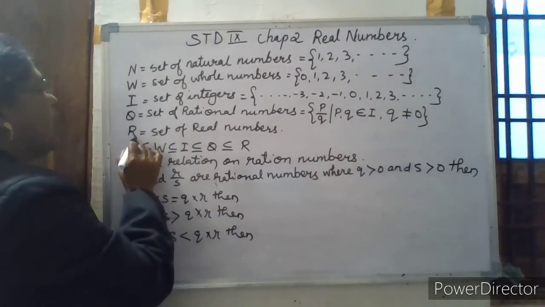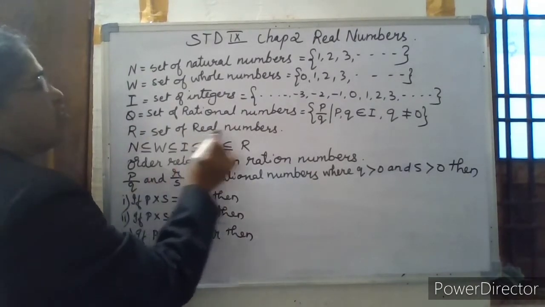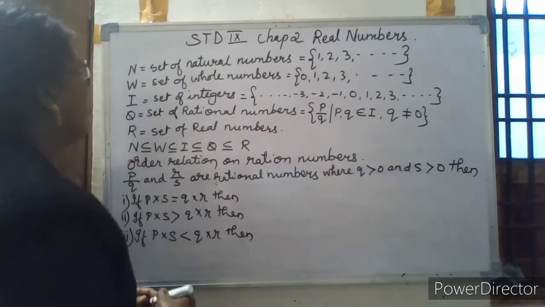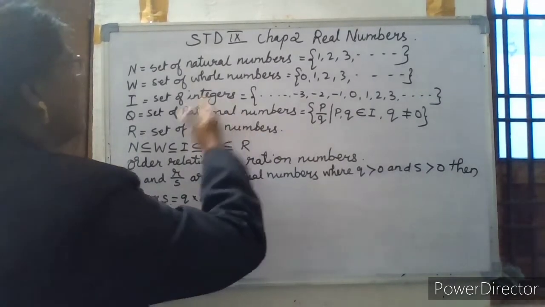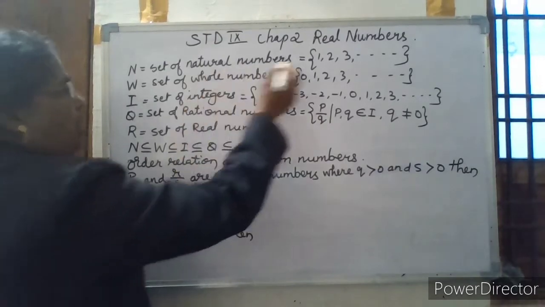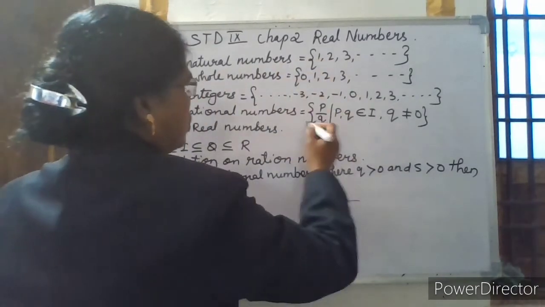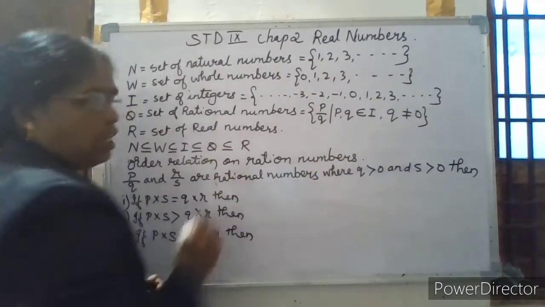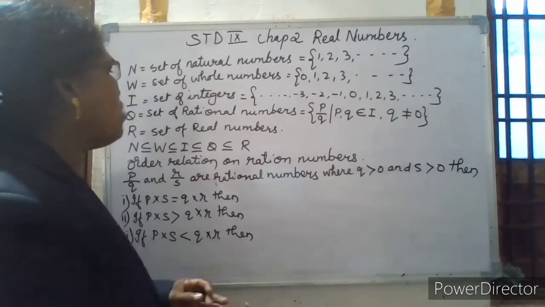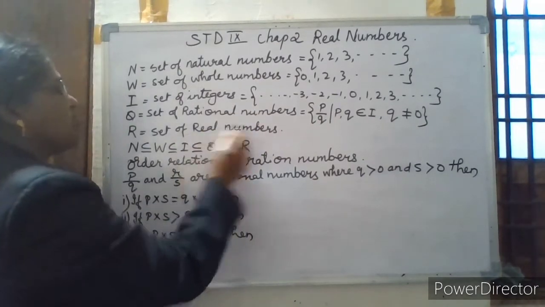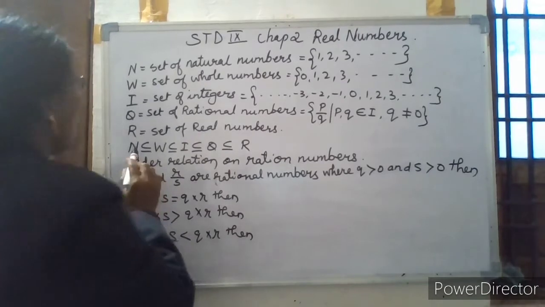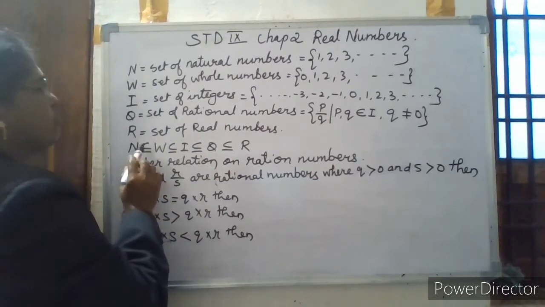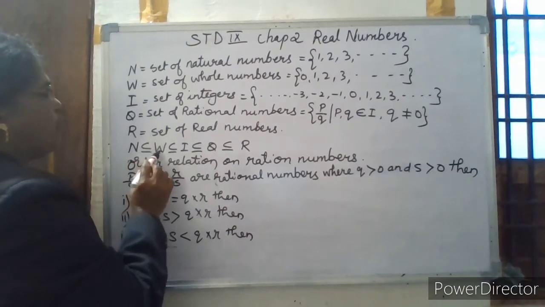Now, R indicates the set of real numbers. So, what is the set of real numbers? Real numbers include all natural numbers, whole numbers, integers and rational numbers. All these numbers together are called real numbers. So, natural numbers are a subset of whole numbers.